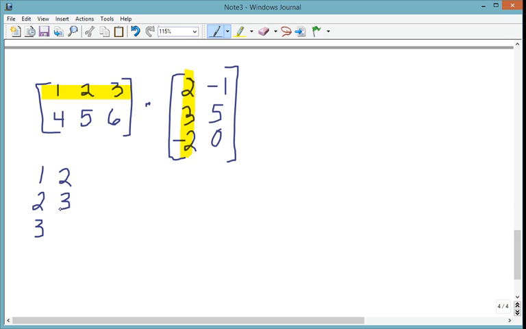But I'm going to write them down in columns, right? I'm going to multiply them term by term in order. So I'm multiplying the 1 times the 2. It's this 1 and this 2, right? The 2, this 2, by this 3. And this 3 by this negative 2.